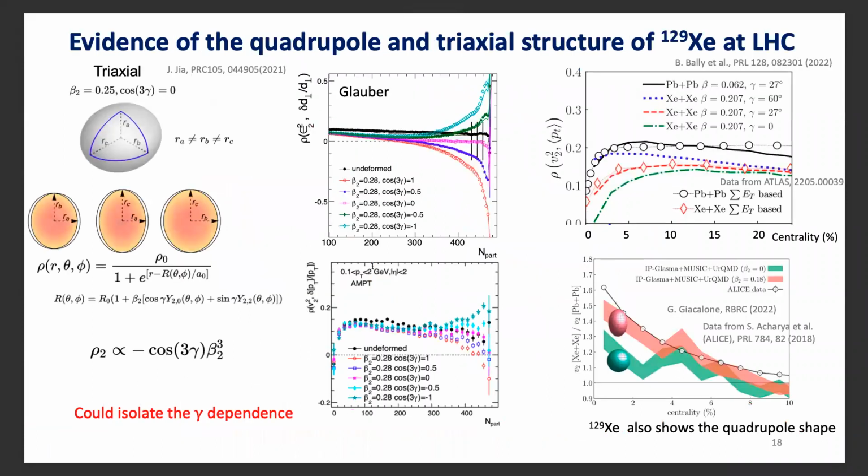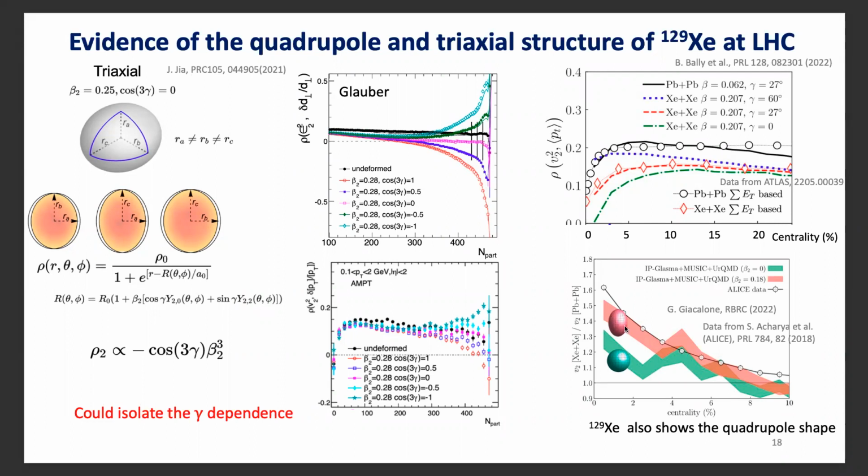And in this slide, I showed some results from LHC energies, and xenon has a beta2 value, but these three axes are not equal to each other, and you can see there's a triaxial shape, and we use Glauber and AMPT to check this. So the Pearson has this formula with gamma and beta2 dependence, and this is also studied in the hydro calculations, and they compare to the ALICE data, and you can see there are some triaxiality values for xenon collisions.